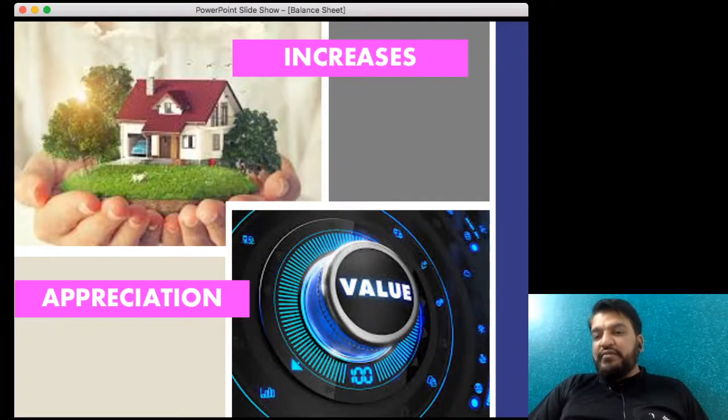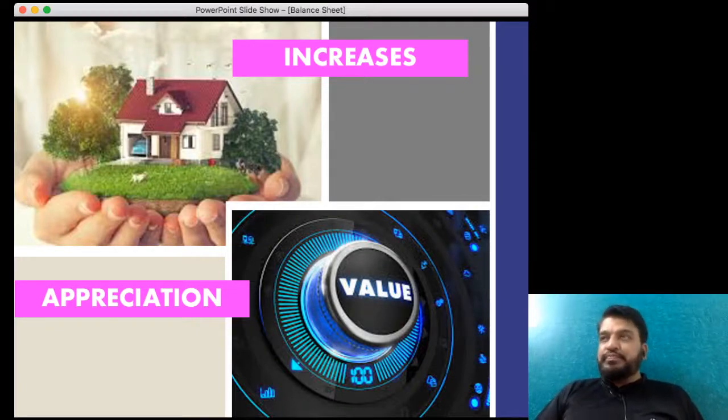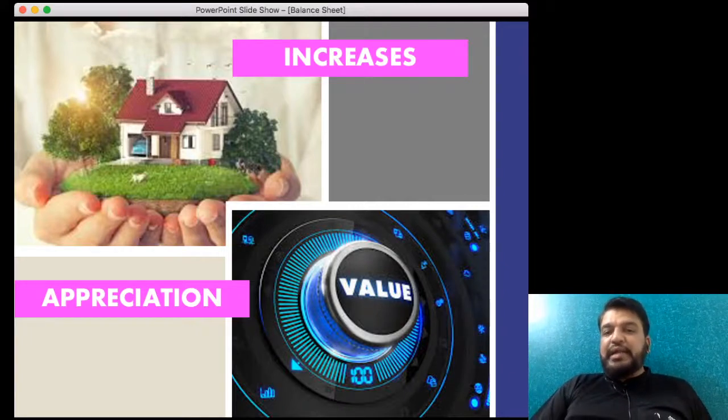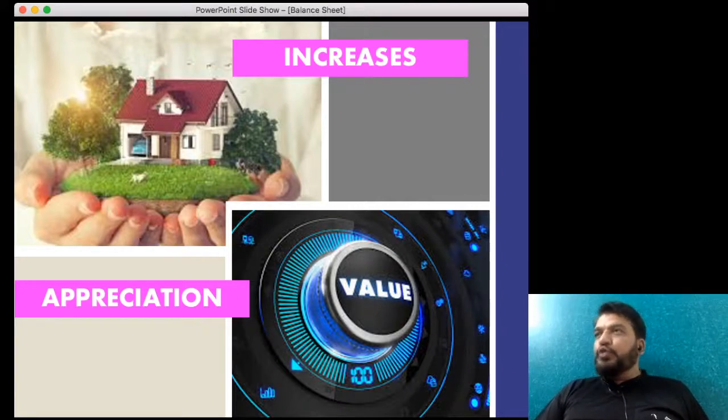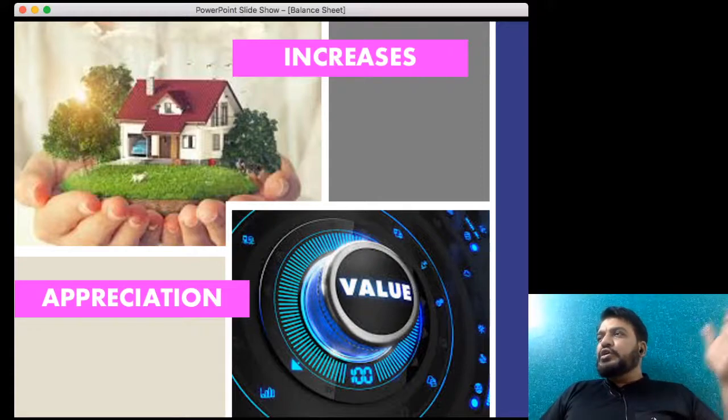If the market value of any product, it could be tangible or intangible. Tangible means something you can touch, like a building, as you can see over here, or a very old two-wheeler or car which has become vintage, that also appreciates in market value. So that also is appreciation.